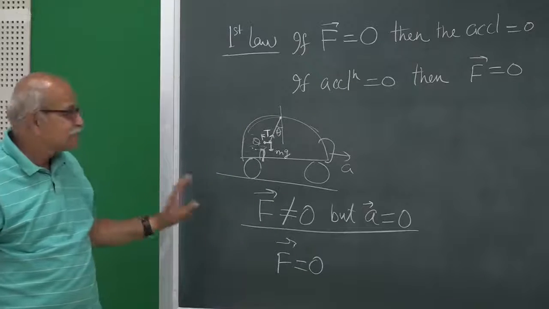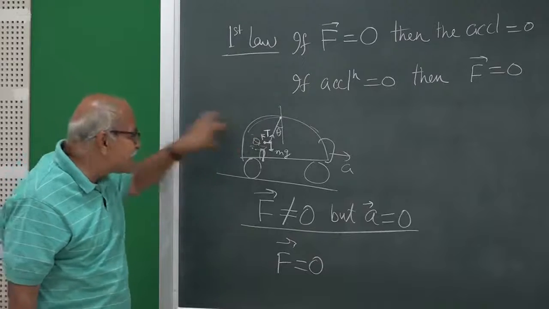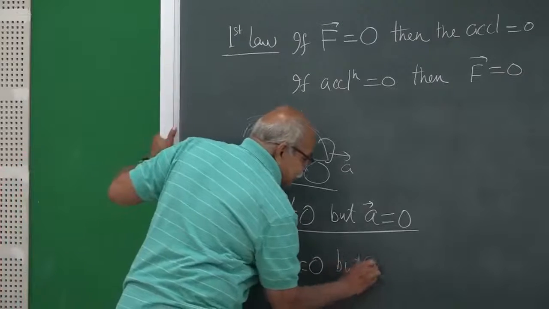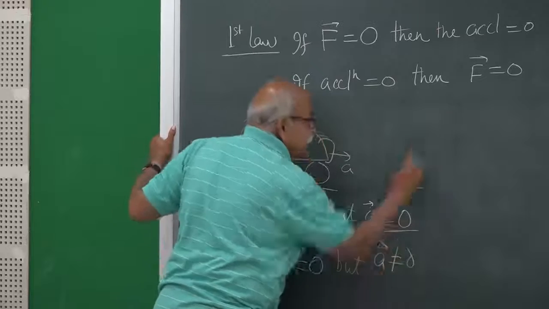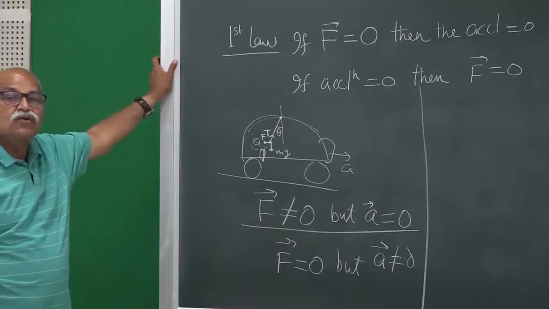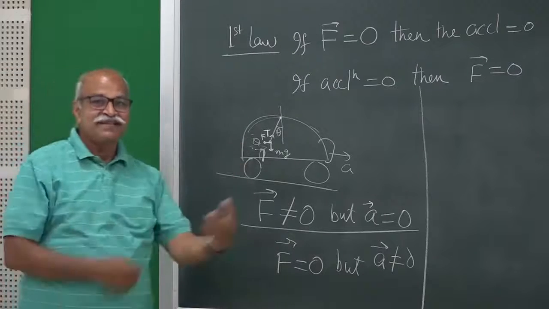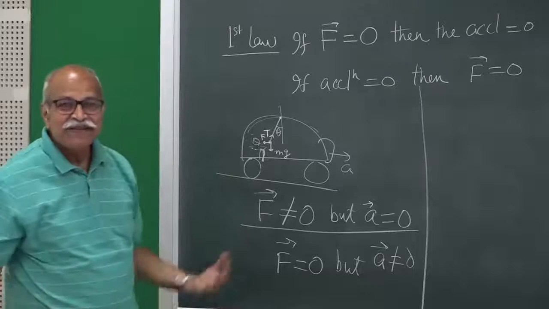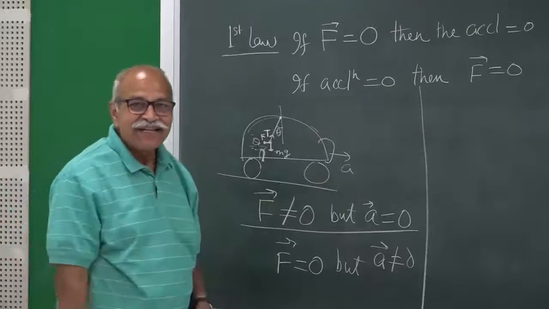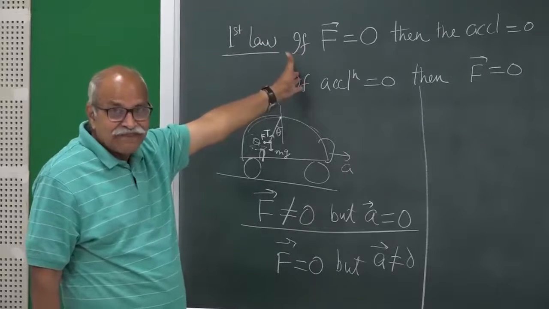What will happen? This bob will be accelerated towards me. If I pull it, the bob will be accelerated towards me. So F is 0, but a is not 0. Newton's first law is not valid in this frame, or if I am in some kind of a rotating frame, I am on some disk, and there on the disk I have put my x, y, z axes, then also this does not hold.